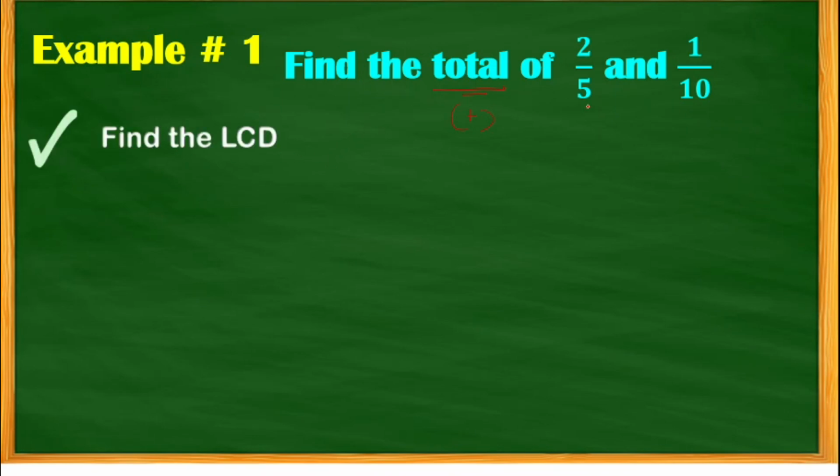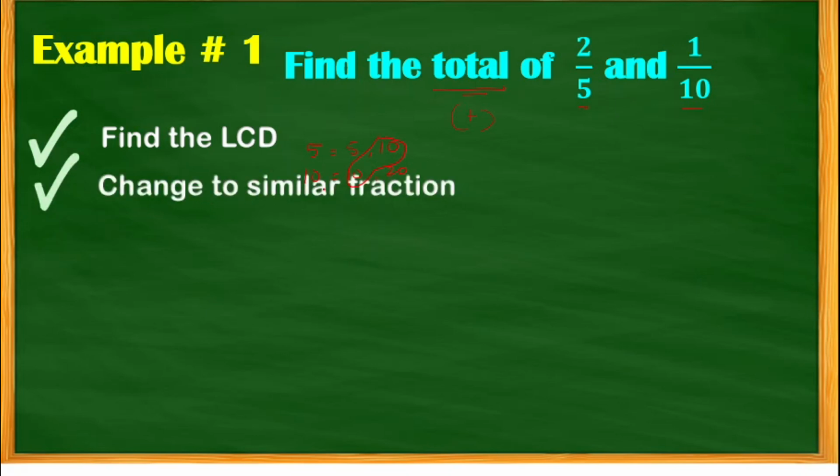The LCD of the denominators, so we're going to find the LCD of 5 and 10. So we're going to skip count. 5, 10, and then this would be 10 and 20. So the least common denominator of 5 and 10 is 10.